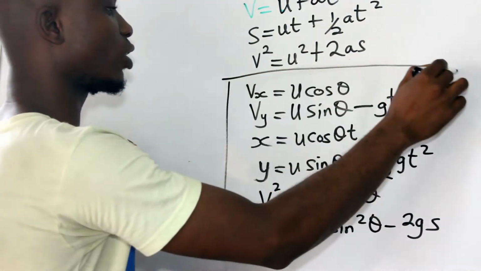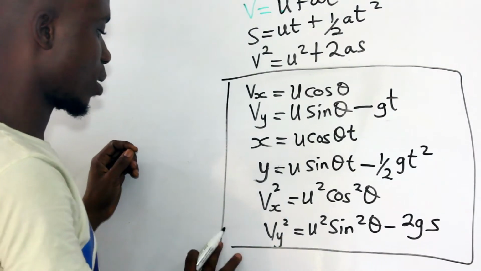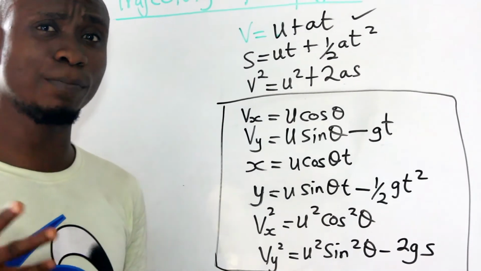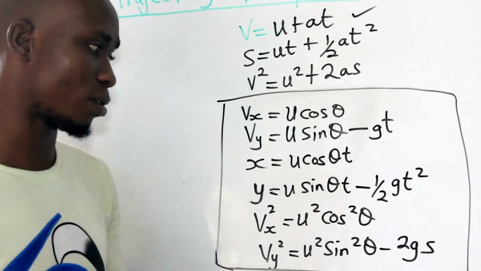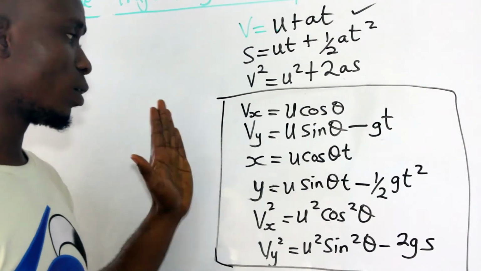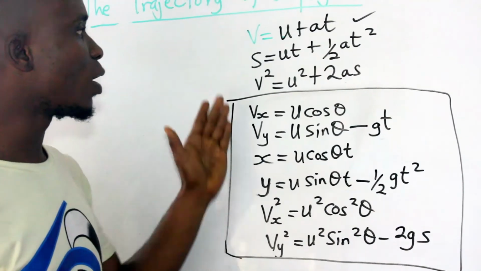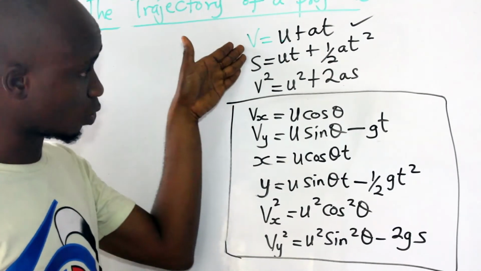So these 6 equations are enough for the solution of every problem in projectiles. This is how we derive these equations, and they are basically gotten from our Newton's equations of motion.